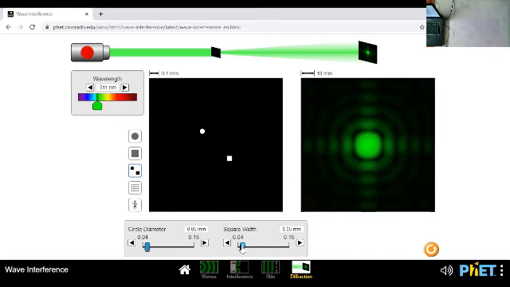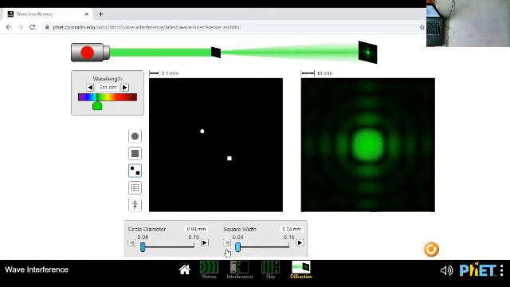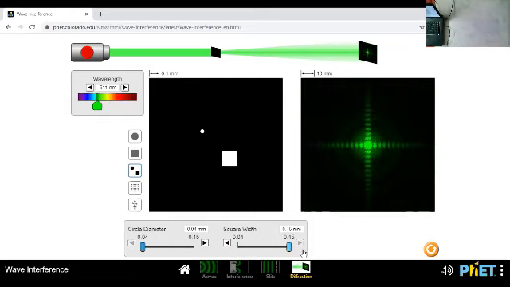Now if I increase the square width, we get a different pattern. Now I increase the circular one, we get a different pattern. Reduce it. If you observe clearly, guys, the smaller the obstacle, the more the fringe width or central maxima. If the obstacle is big, the central maxima or fringes are very small.